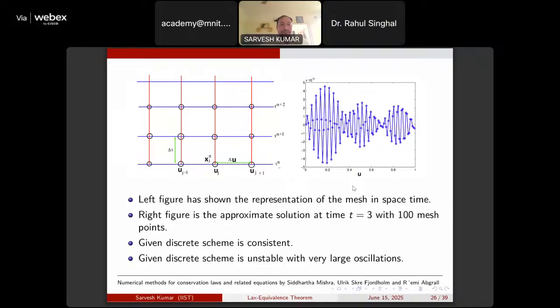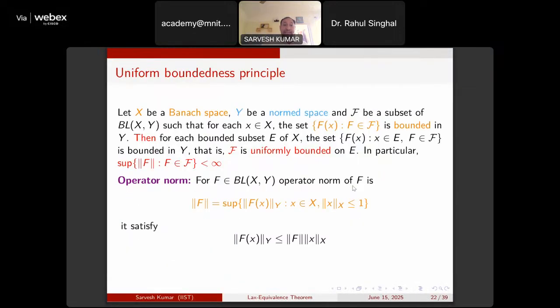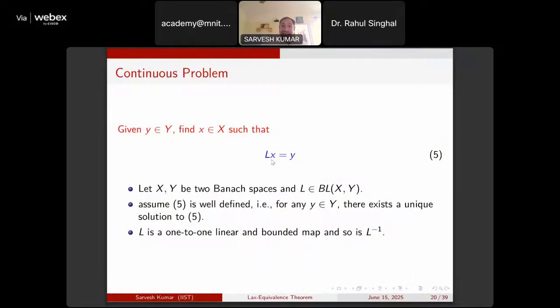Now the question is: in the multi-step method, we could see a relation between consistency, stability and convergence. Can we have such a relation here also? This L need not be only a differential operator; it can be a partial differential equation also. It could be parabolic, hyperbolic, elliptic or whatever.